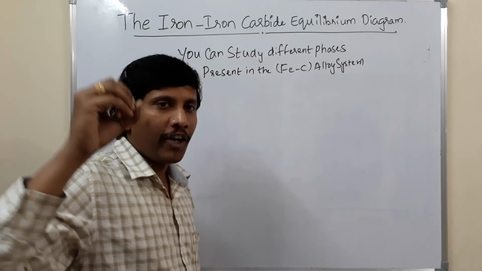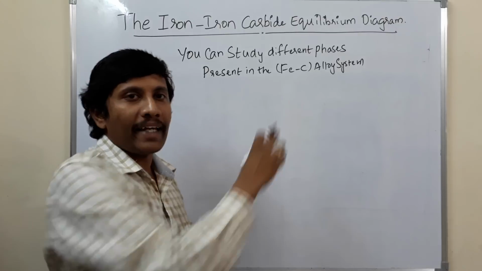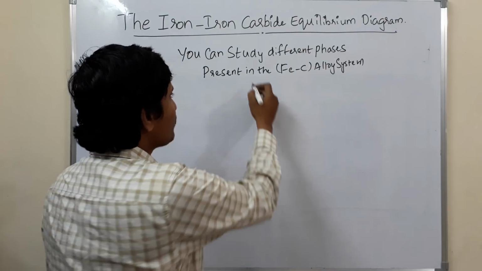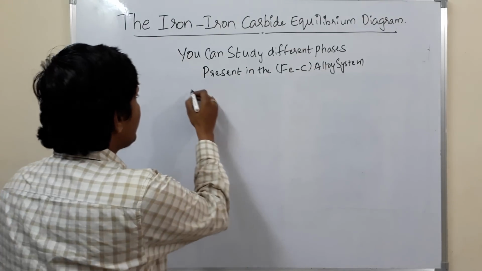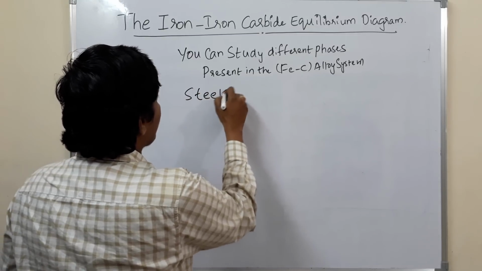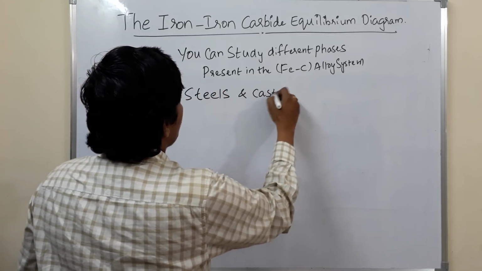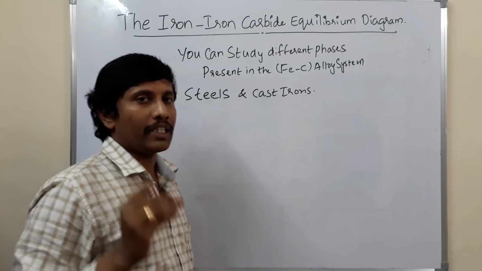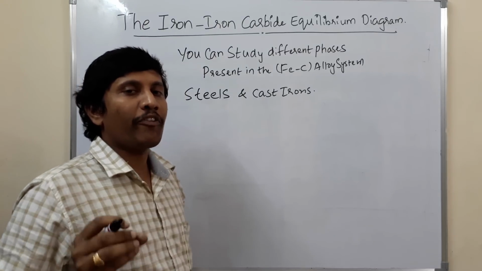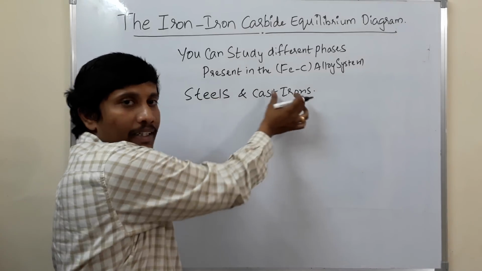You can study the different phases present between iron and carbon. It means you can study the different phases existing in steels and cast irons. So the iron carbon equilibrium diagram implies the study of different phases present in steels and cast irons.